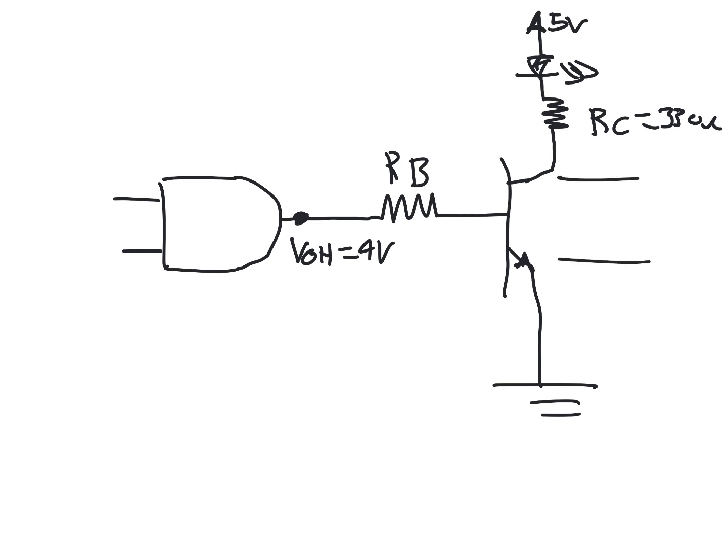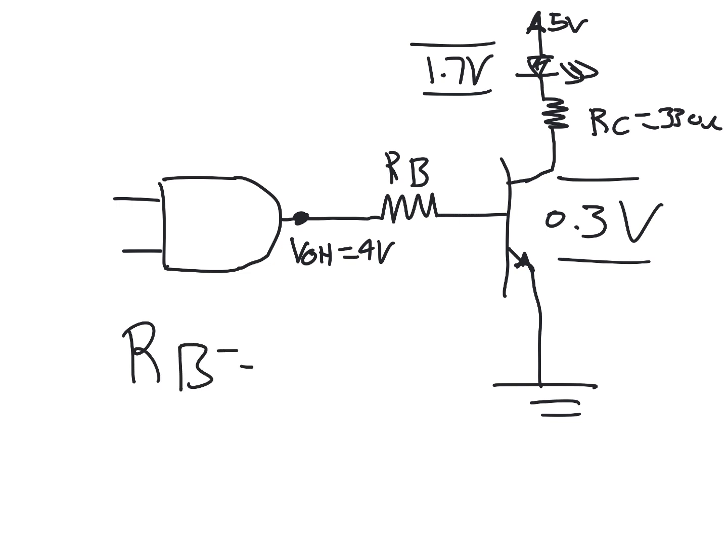We want VCE SAT to be 0.3 volts, and we're assuming the LED voltage is 1.7 volts. Okay, that's what I want to find, right? So go ahead and write this down, VRC.